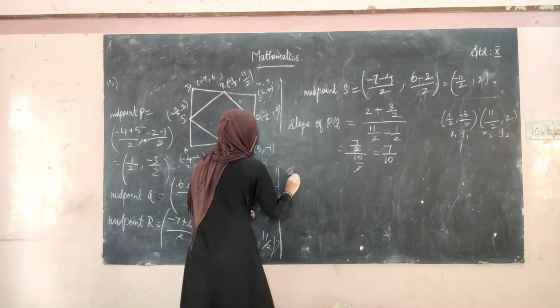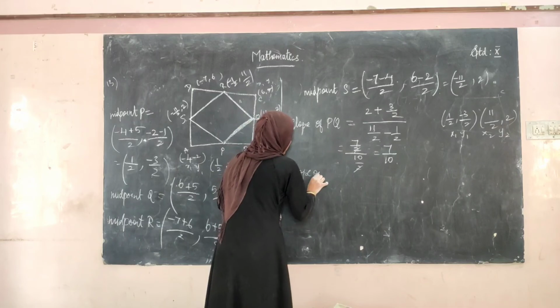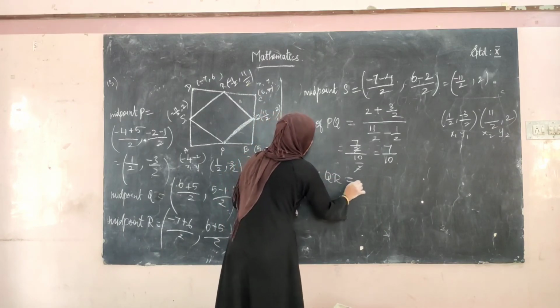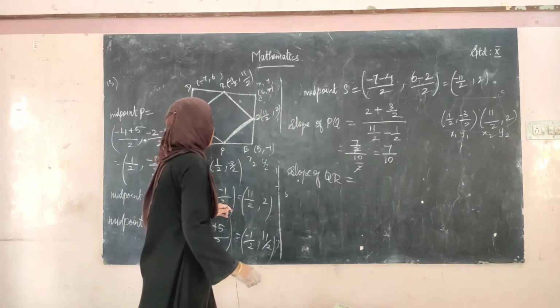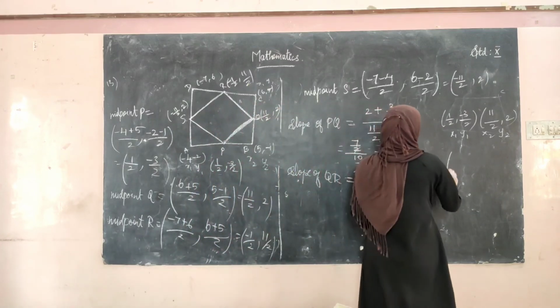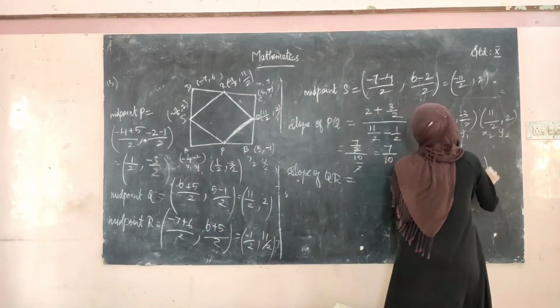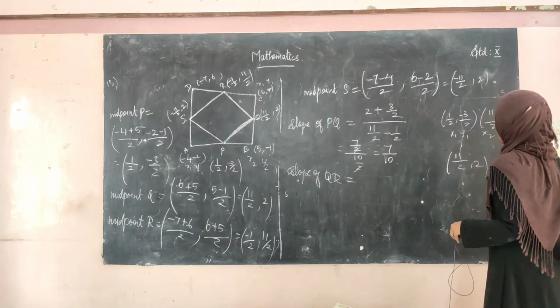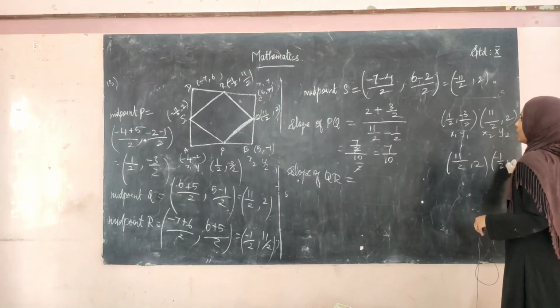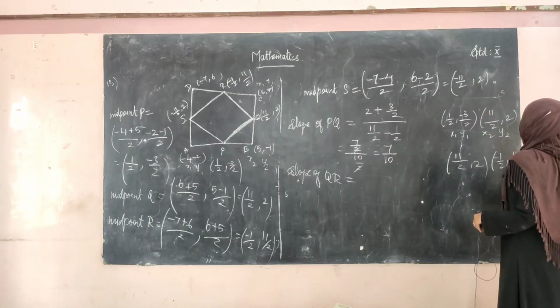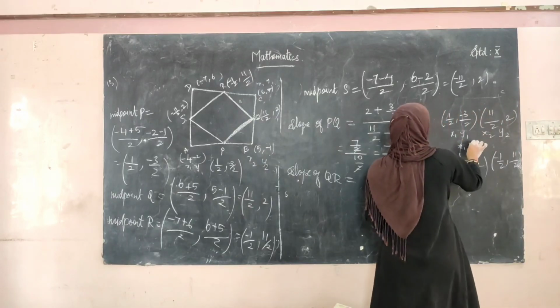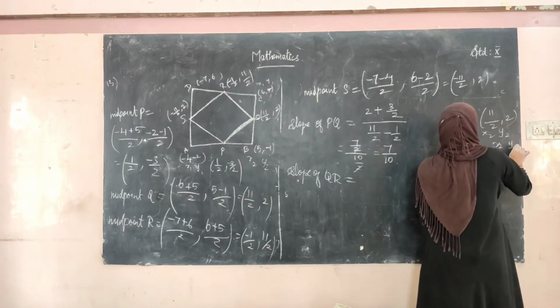Okay, and then slope of QR. What are the points? The points are 11 by 2, comma 2, and then R is minus 1 by 2, comma 11 by 2. So you have to take this as x1, y1, x2, y2.